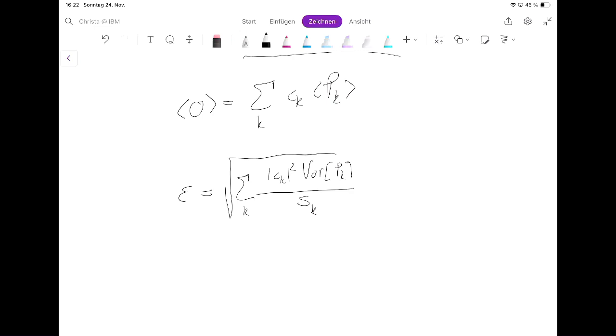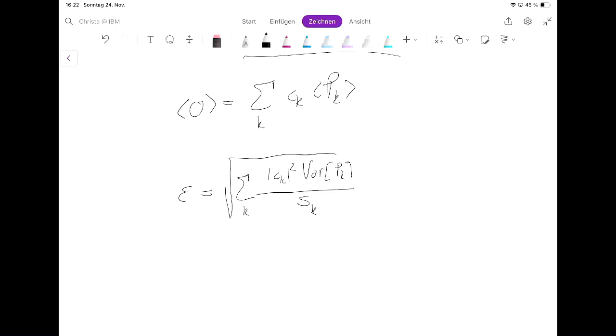Then you have the variance of the expectation values of the different Pauli strings. If you group, then this numerator is a little bit different, but you get the idea. This is the variance of the p_k, Pauli strings, and the variance can be at most 1.